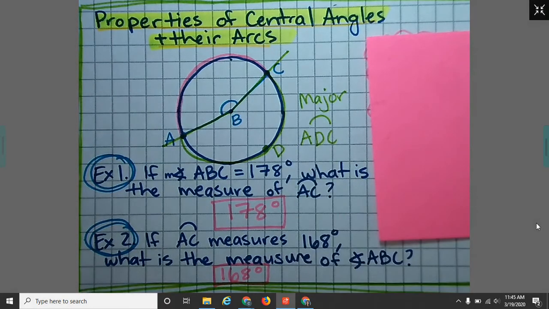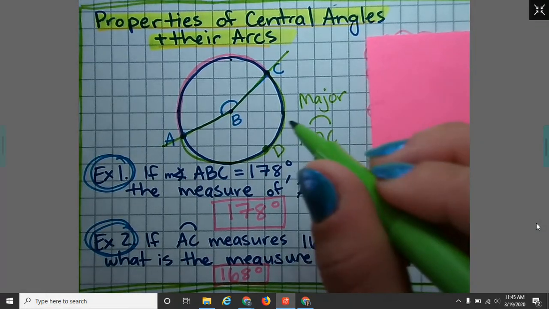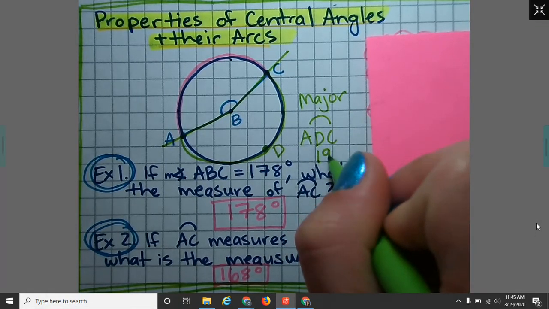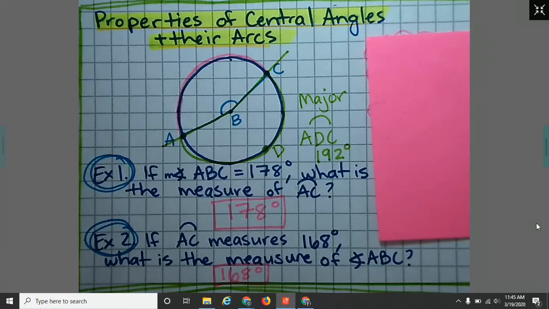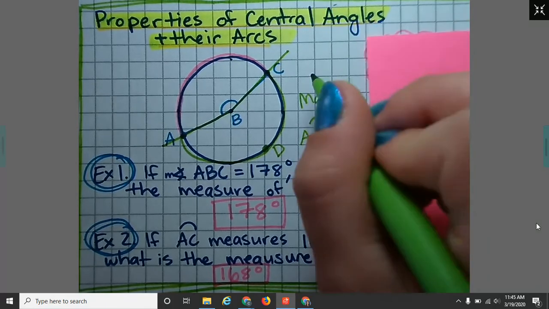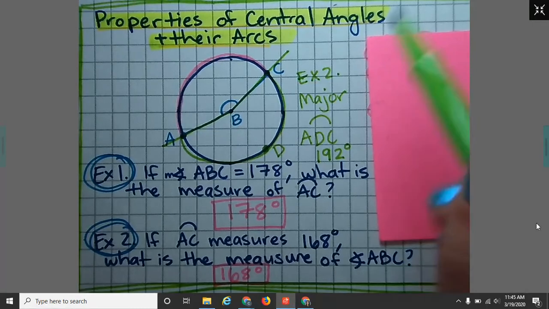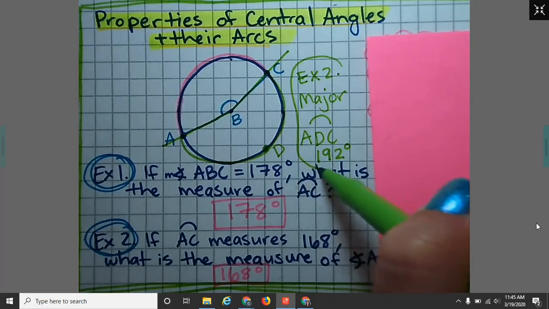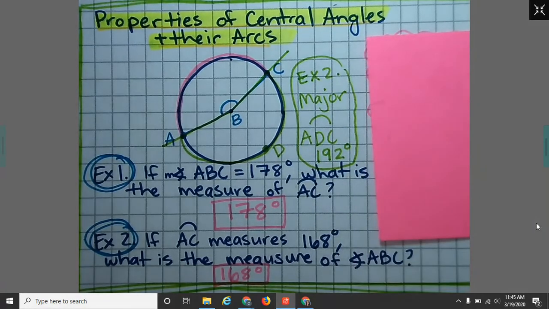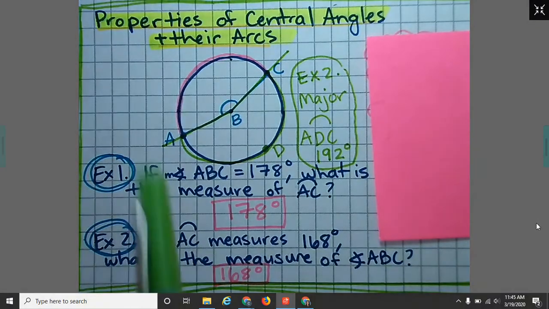Then major arc ADC would be 192. So this was just a side example using example 2. Again, you won't really be working with this as much, but it can be helpful.